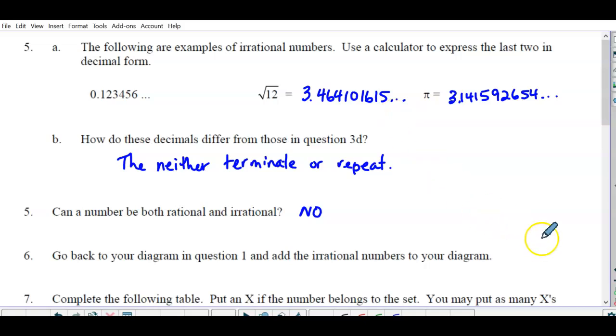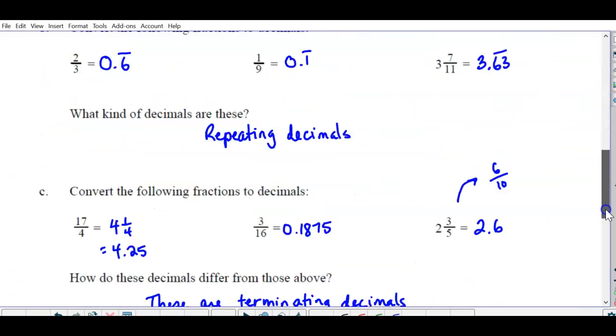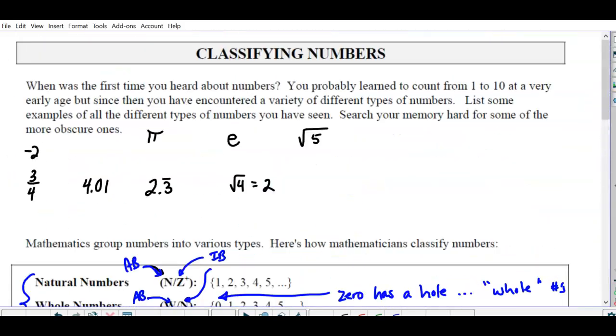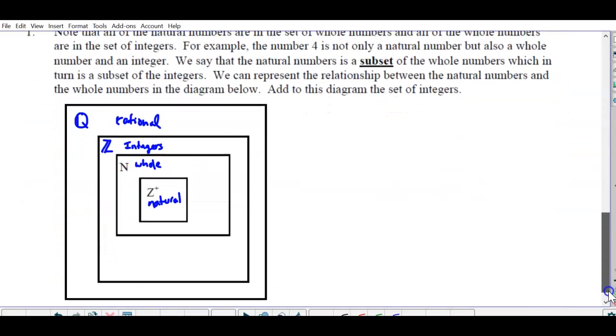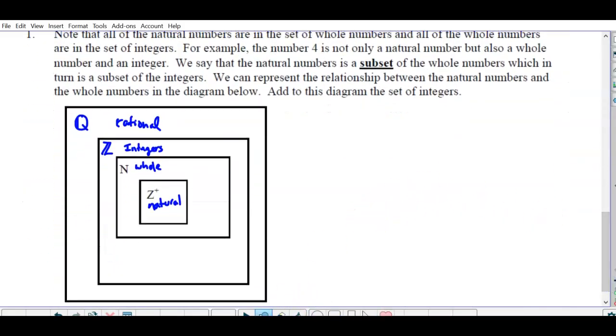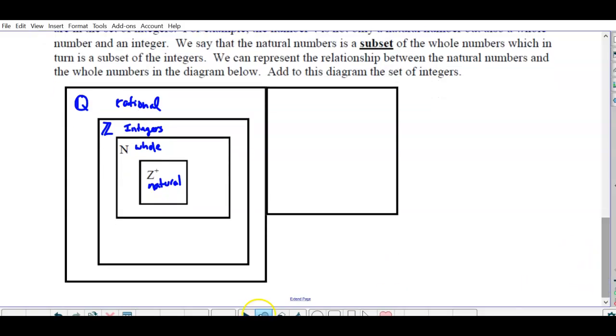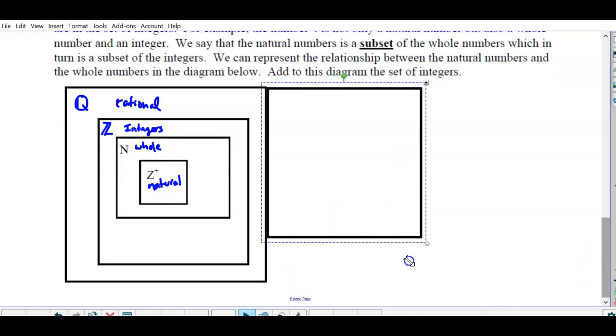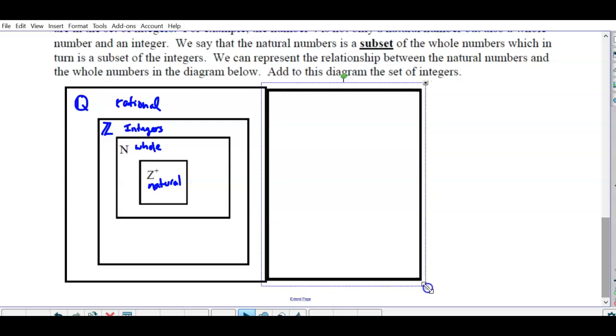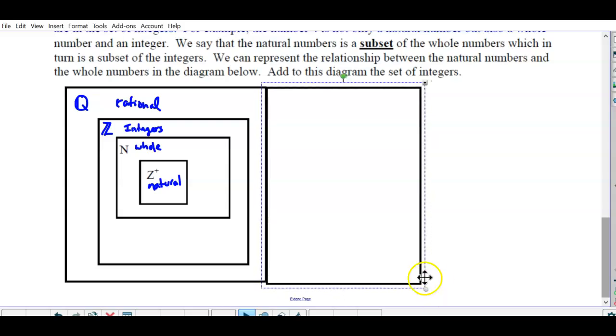So go back to your diagram and add the irrational numbers to your diagram. Okay, so irrational, page 4. Irrational will be entirely separate. So I can basically do a box here. Okay, so this is irrational.